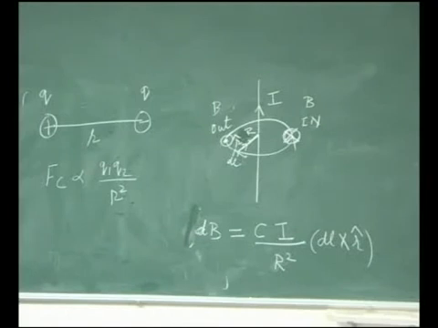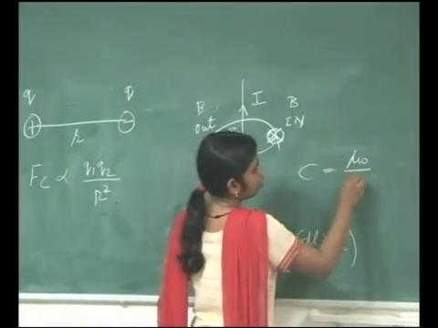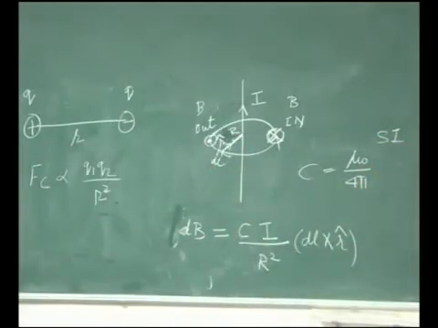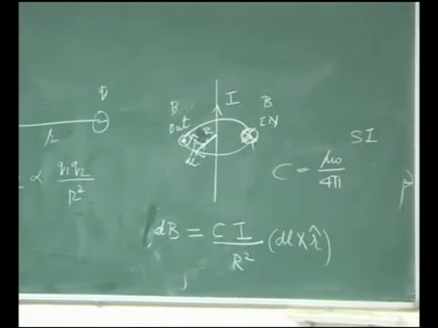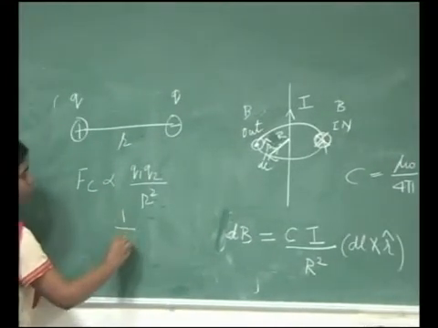Is it okay? So this C is a constant and the value of this C is mu 0 upon 4 pi in SI system. If I take the Coulombian system, here also I have a proportionality constant and we call it 1 upon 4 pi epsilon naught.